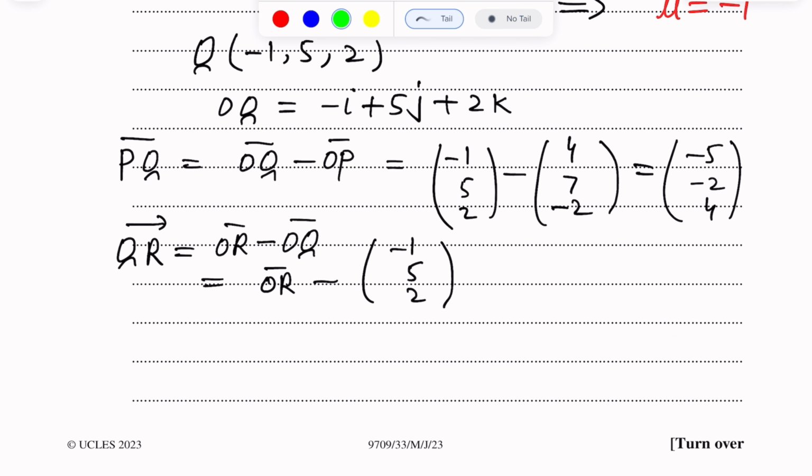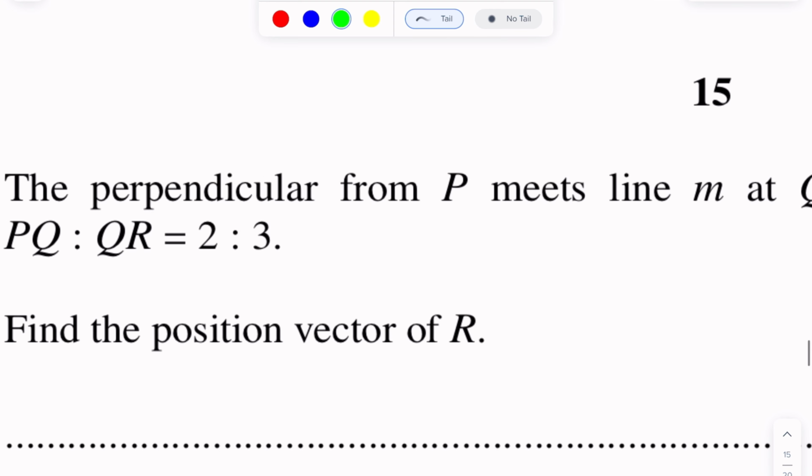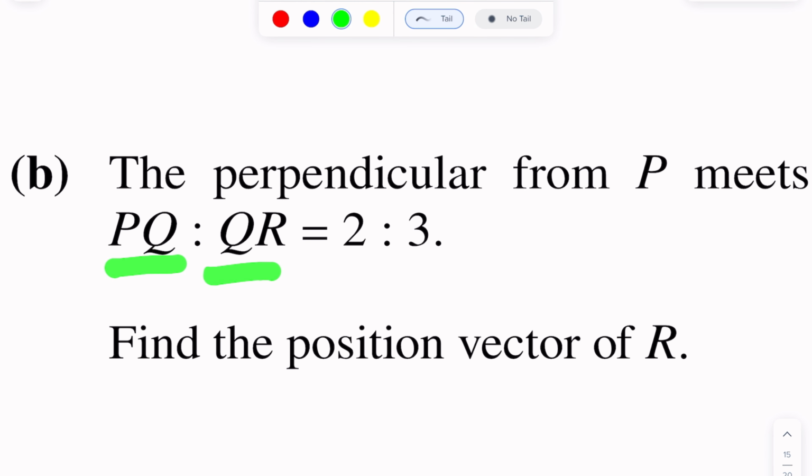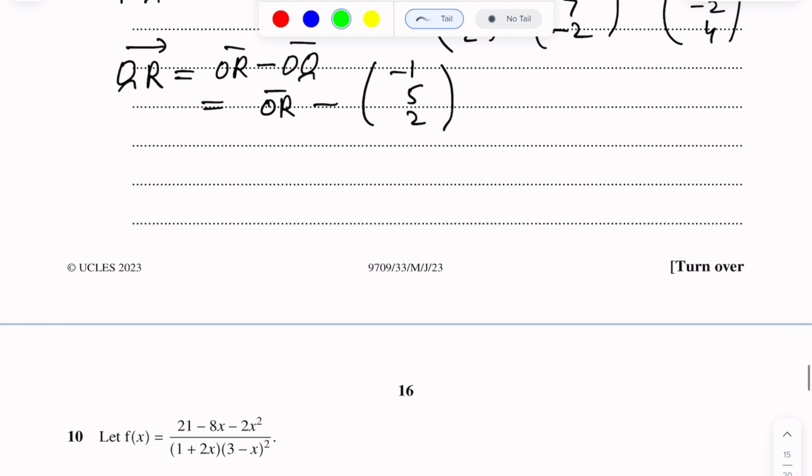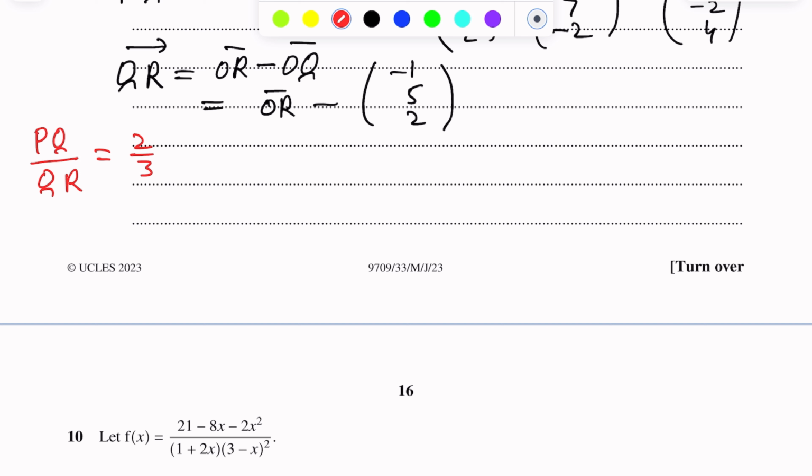This is QR. Now, the ratio is given: PQ ratio QR is equal to 2 ratio 3. So we can write it as PQ over QR is equal to 2 over 3.